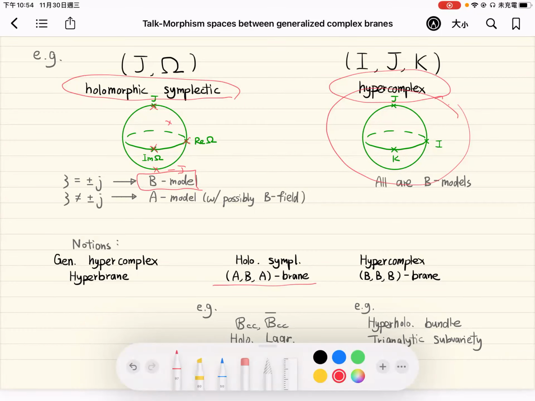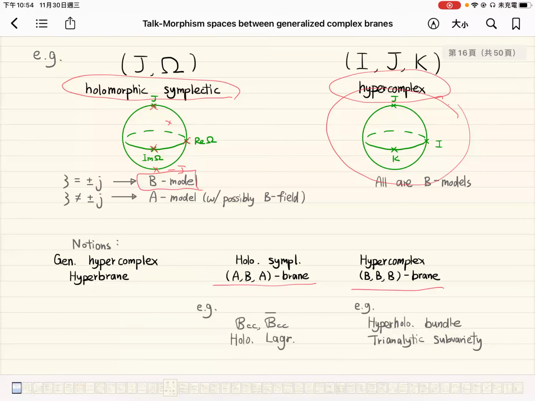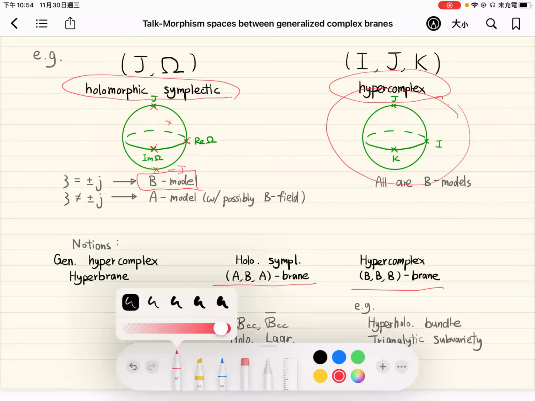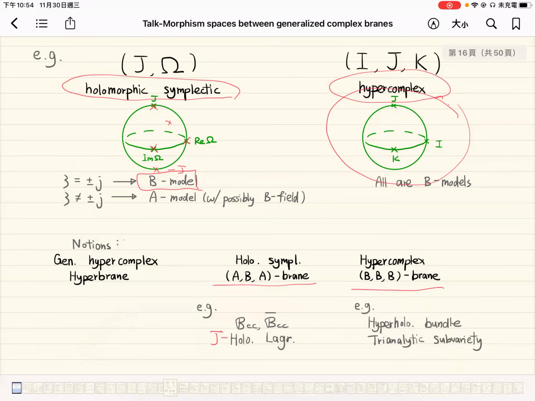And we also have another notion called a BBB brane. It is a hyperbrane on a hypercomplex manifold. So there are some examples. As I said, BCC and BCC bar are ABA branes. And also, if you have a J-holomorphic Lagrangian brane, it is also an ABA brane.